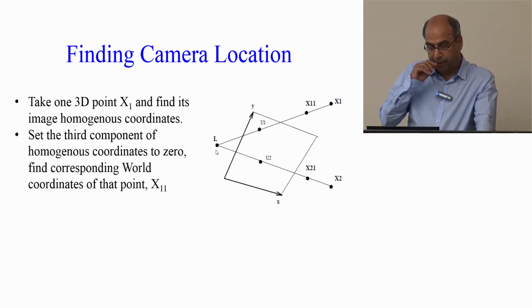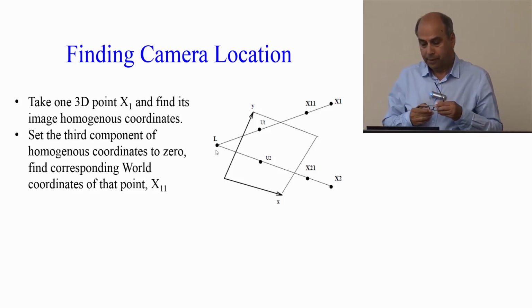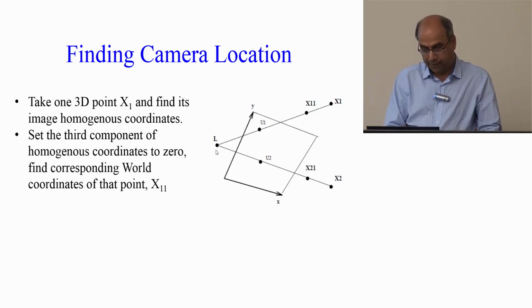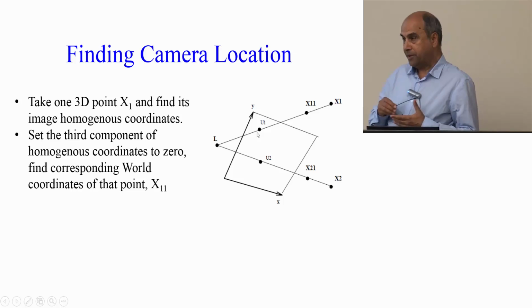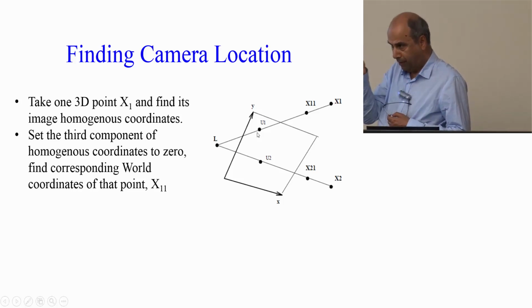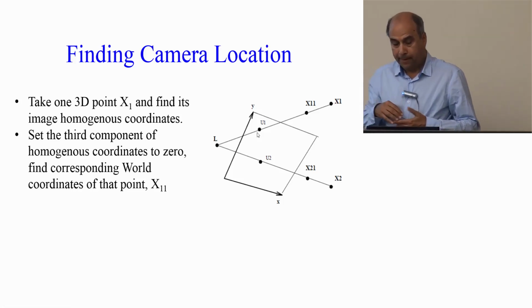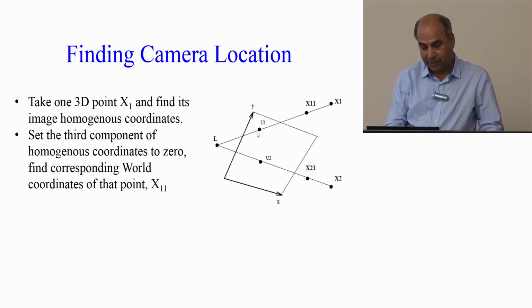Now in homogeneous coordinates, if we make the third component 0, then you get another 3D point, which let's call x11, and this is a 3D point, but this lies on the line which connects this x1 with the lens. Now the image of this point will also be exactly the same, because all the points lying on the line will have one image. Okay, so that's one thing.